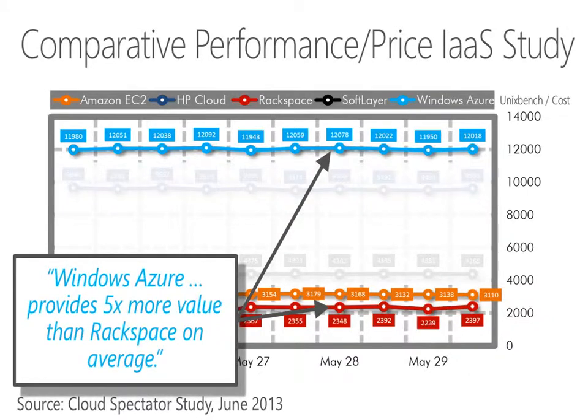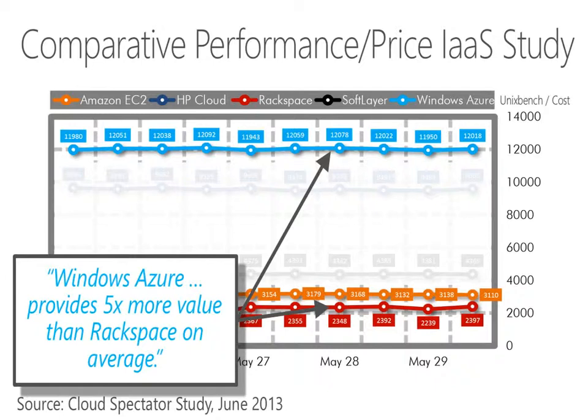And in terms of Rackspace, they found that because of Windows Azure's lower cost, it provided 5 times more value than Rackspace did in their testing on average. So some really good information on comparing these various cloud platforms from Windows Azure to these other clouds. You can find the full details at Cloud Spectator's site in their full study.